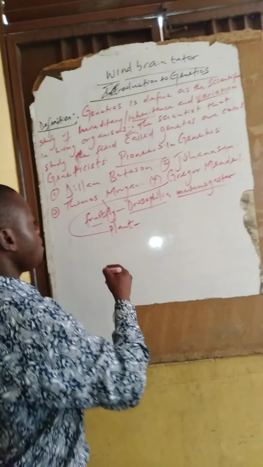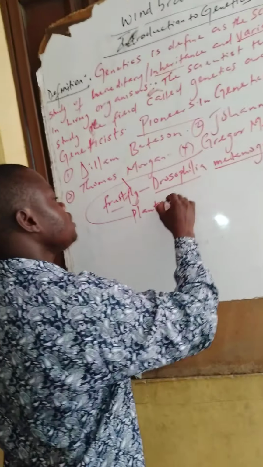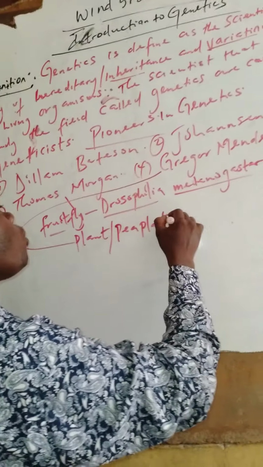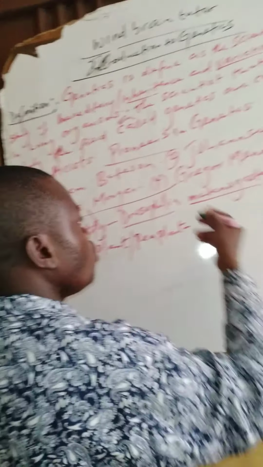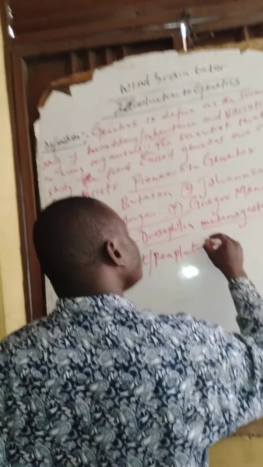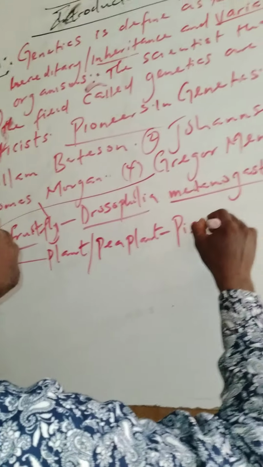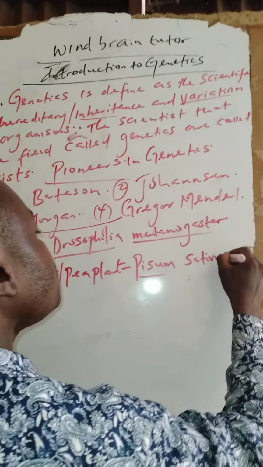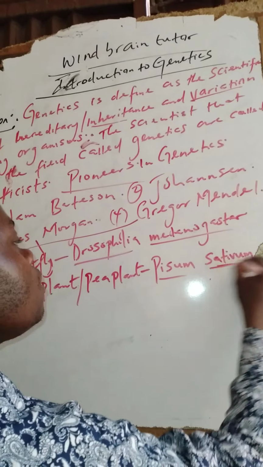He used the pea plant to support his theory, and the name of the plant is Pisum sativum. That is the name of the species.